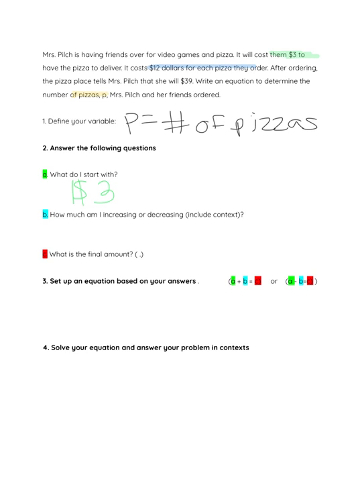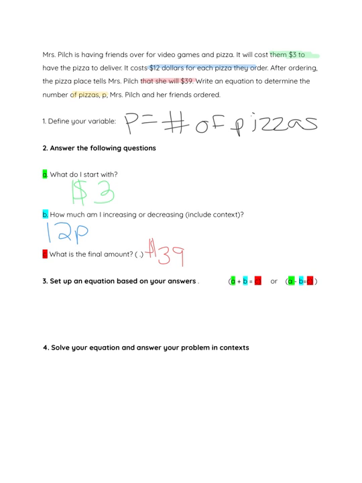And that is an increase. We keep having to pay more and more. That's too bad. So we're going to represent that with a 12P. And last, what is our final amount? Well, what do they end up paying in the end? What's the total? They tell her, okay, you owe us $39. So the final amount is $39.